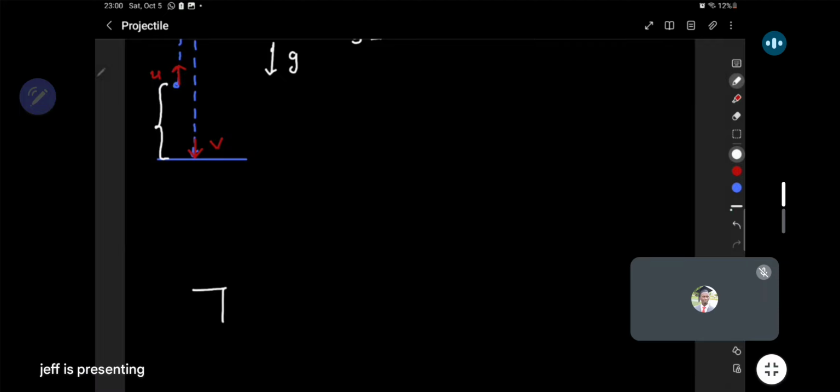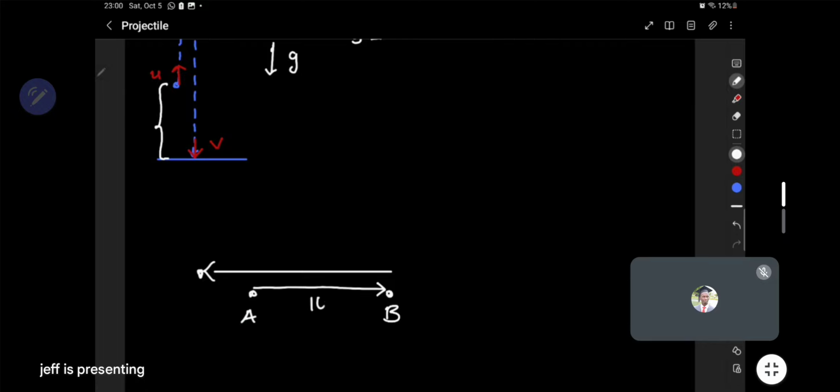Displacement. Let's say you start from position A, you walk 10 meters to the right, reach position B, and then you walk 12 meters backwards to reach position C. What is your displacement?